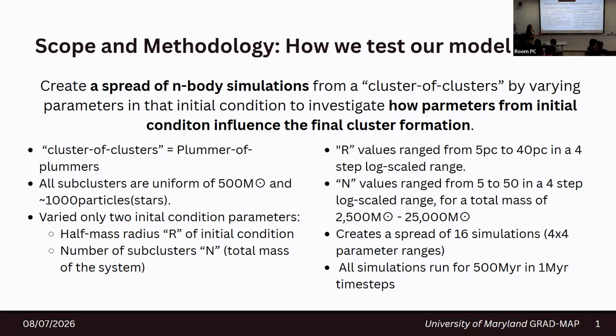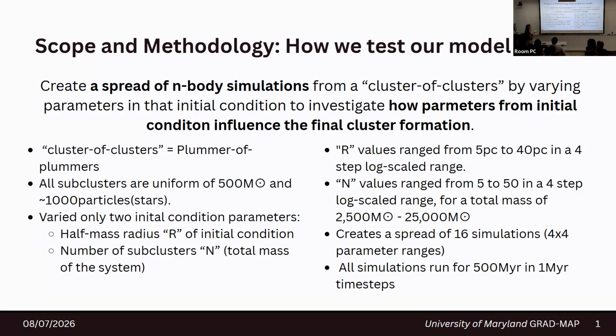So, our methodology. We decided to create a spread of n-body simulations from this cluster of clusters initial condition that we are trying to test, and investigate how parameters of this initial condition influence the final cluster formation. The main form that this simulation will take is that the initial condition is a Plummer of Plummers.